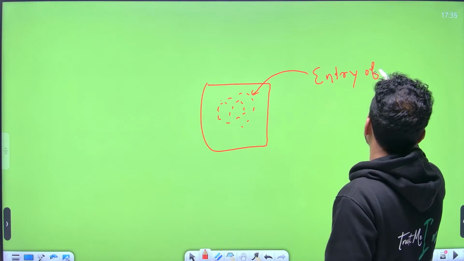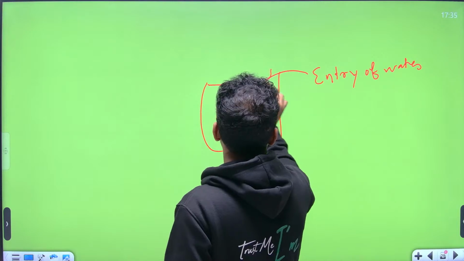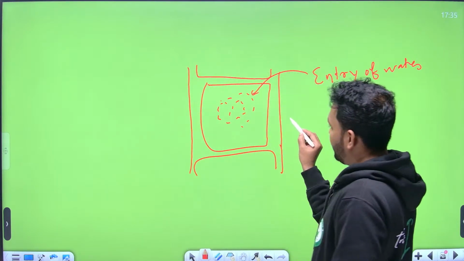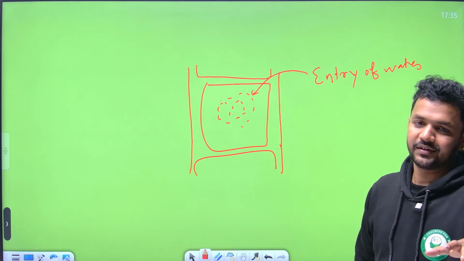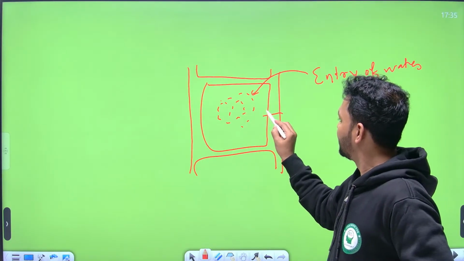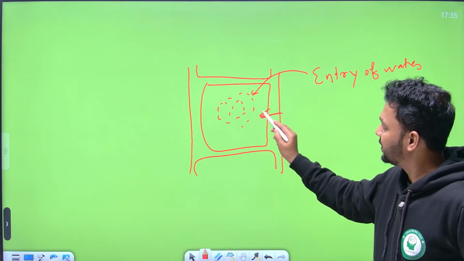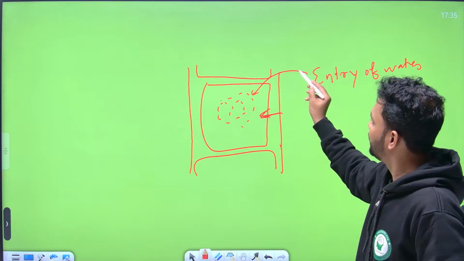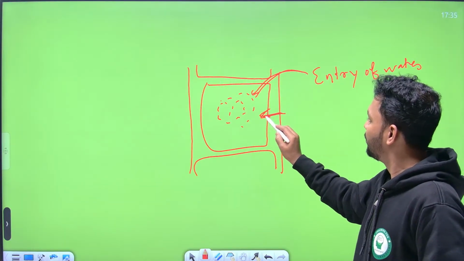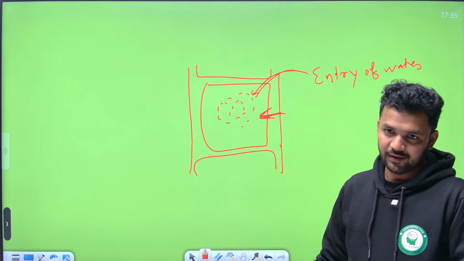But what does wall pressure do? Wall pressure restricts the inflow of water by applying a pressure against the entry of water. If water enters, turgor pressure will increase. So the wall pressure restricts the inflow of water, right?